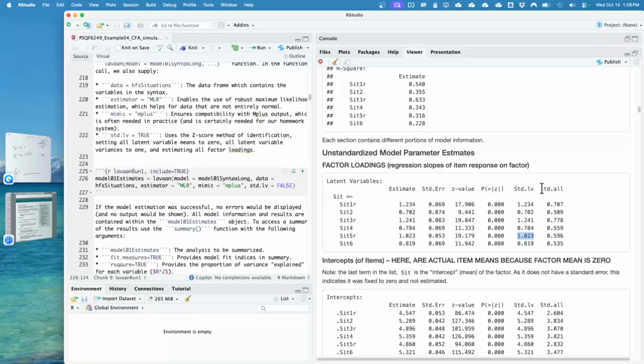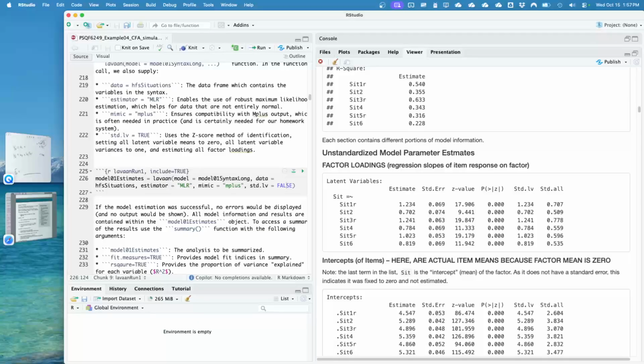std.all, this would be what we call the standardized loadings, the standardized parameters. This is now saying what would happen if not only we had a latent variable that was standardized, but our item had a mean of 0 and a variance of 1 also.